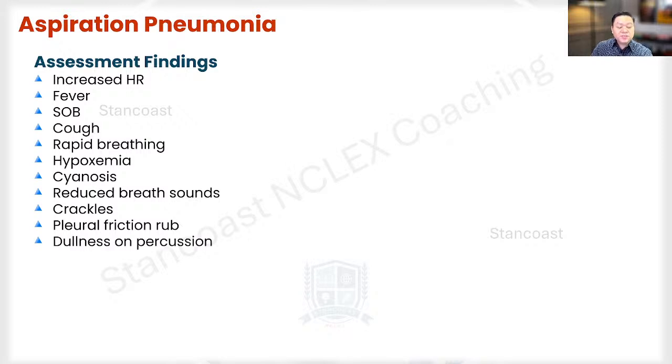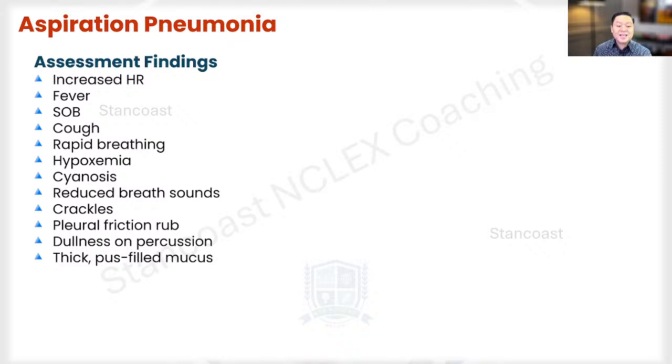Now, we're also going to talk about the thick, pus-filled mucus. The mucus that the patients cough can be really thick and might contain pus, and that's a sign of significant infection in the lungs. All right, remember our protective mechanism inside the body, especially in the lungs.